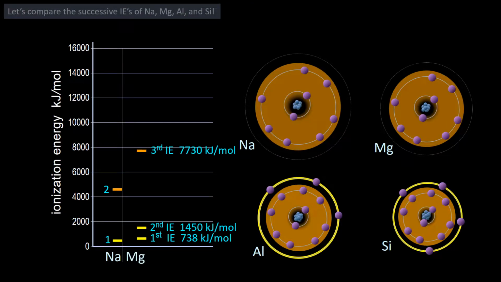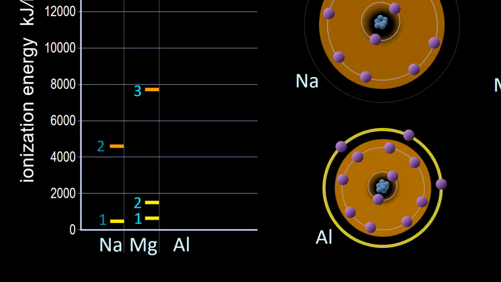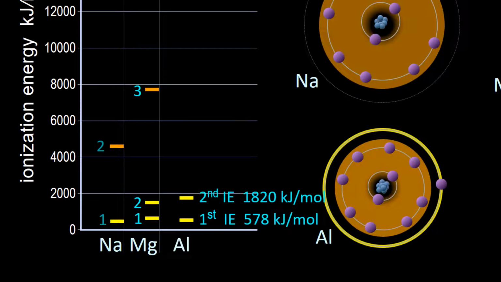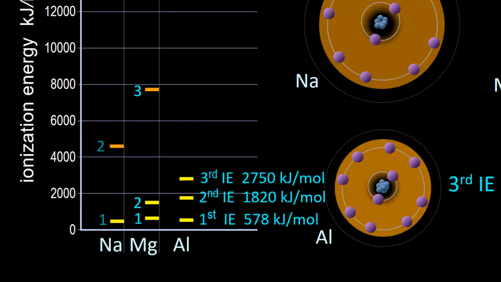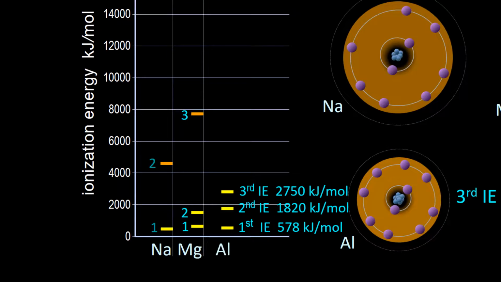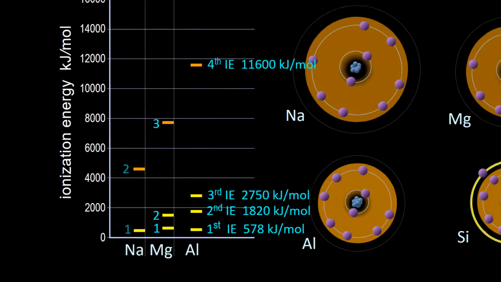What will happen to their ionization energies once they have lost enough electrons to get to a noble gas electron configuration? For aluminum, the first, second, and third IEs are relatively low. Those 3 ionization energies have removed all the valence electrons. The fourth IE removes an electron from the core electrons, a neon configuration, requiring a big jump in energy.